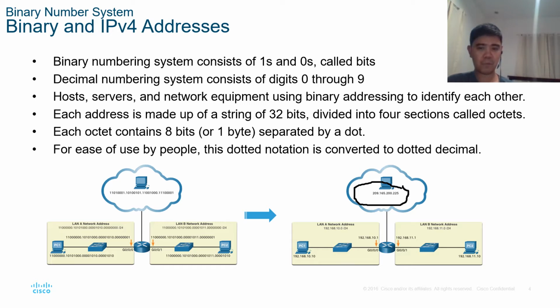Four decimal numbers. When we talk about the number of bits in binary, there are 32 bits. Since there are four numbers, each number has 8 bits. This is why we call each number an octet. We define an octet as a number that has 8 bits. Those are some details about IPv4 addressing.